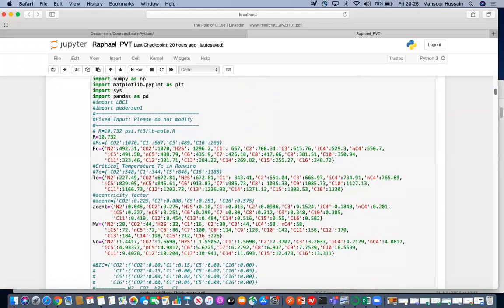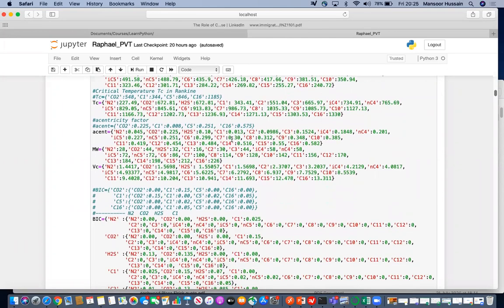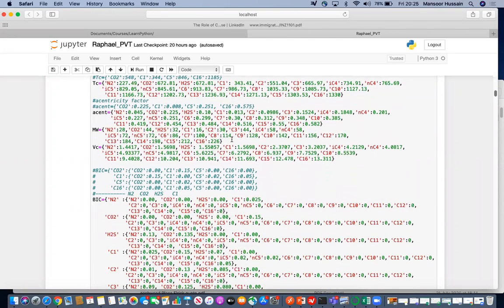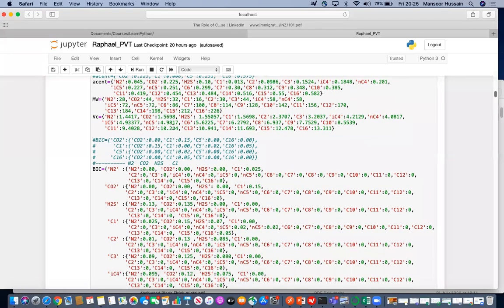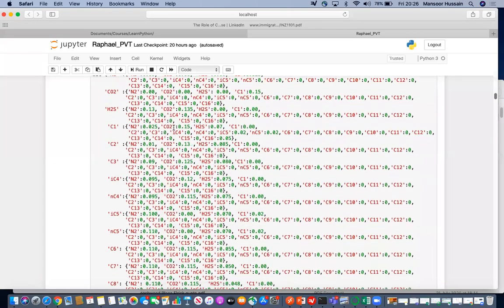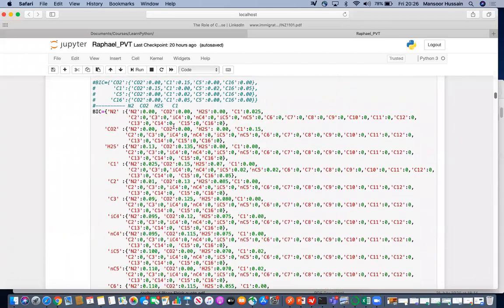Here I am specifying the critical pressures for all components, critical temperatures, eccentricity factors, molecular weights, and critical volume. This is for viscosity calculation, binary interactions. So this is just input.